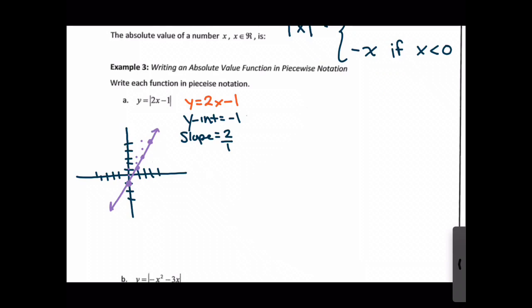Now, I want to find that critical point because that's going to be important to me. I can actually see what my critical point is. It might be 1/2, but I'm going to double check. So let's find the critical point, because you're going to need that for your piecewise notation. To find the critical point, I'm going to put y equals 0 in and solve for x.